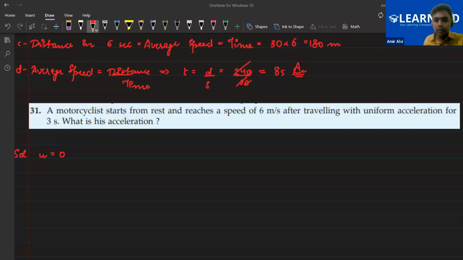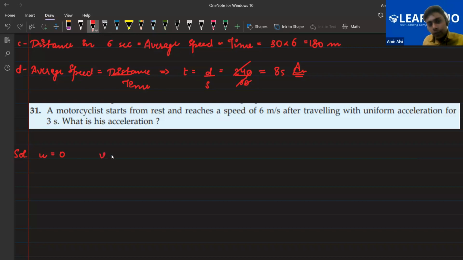Okay. So it reaches a speed of 6 meter per second, after which it is traveling uniformly. After traveling with uniform acceleration, it reaches 6 meter per second. It means that till reaching 6 meter per second, the motorcyclist is continuously increasing its velocity.